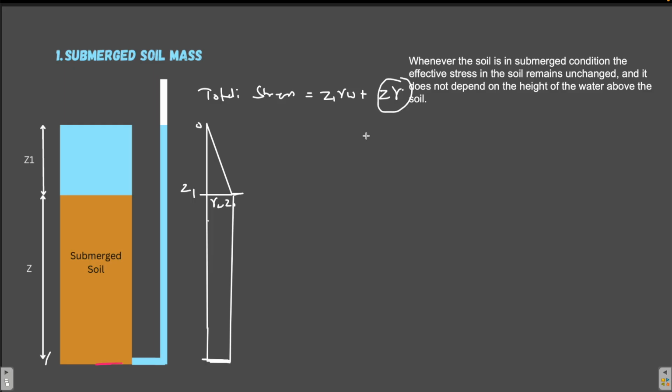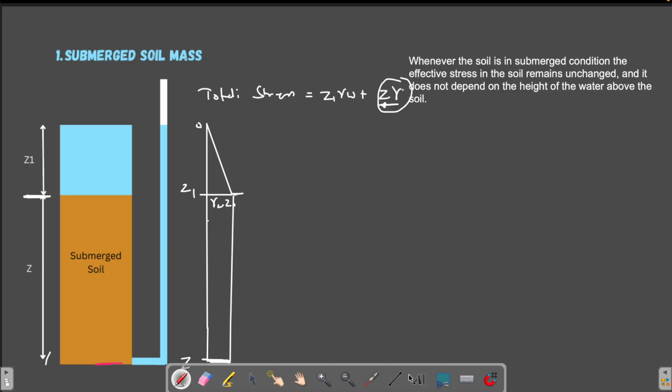Gamma into Z. Now we are considering from Z1 to Z. When is this Z 0? The value of Z is 0 at this point. At this point there will be no pressure due to the soil, but as we go down, the pressure due to the soil mass will also increase.